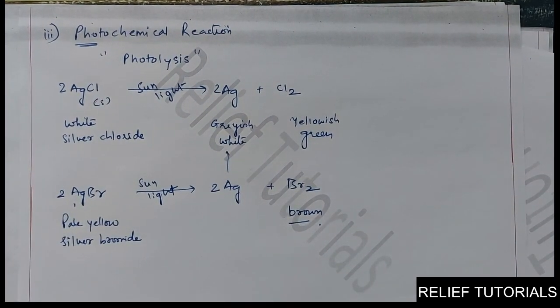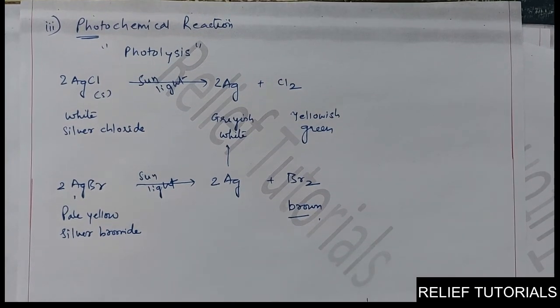So there are 3 different types of decomposition reactions we have seen: thermal decomposition, electrolysis, as well as photolysis. Photolysis means photochemical decomposition reaction.